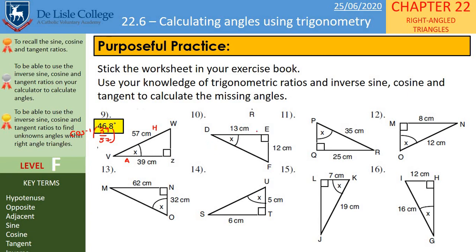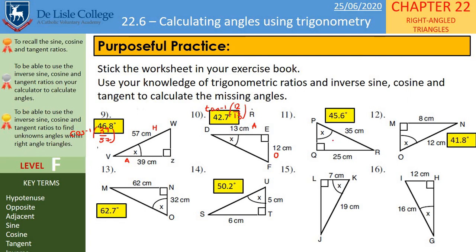And then here, we have our adjacent and our opposite, so we know it's a TOA, a tan problem, so we've got the inverse of tan, 12 over 13, with our brackets, and we get 42.7 degrees. I never write in the right place. If you notice, I'm always writing exactly where the answer comes. Right, lovely. So the rest should be 45.6, 41.8, 62.7, 50.2, 68.4 and 48.6.